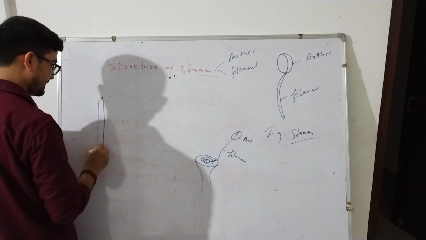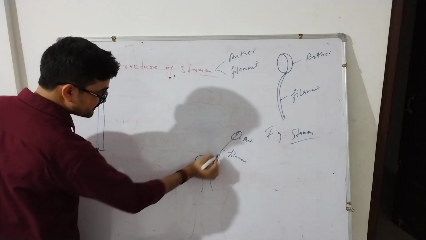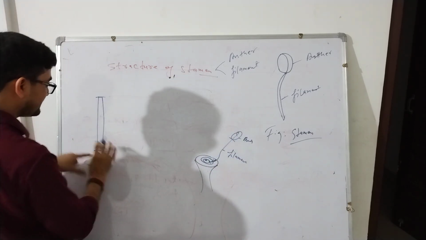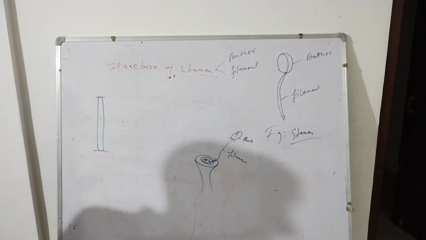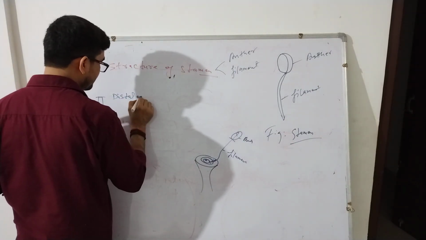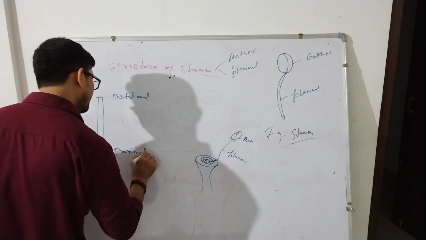Suppose this is a filament, a tube-like cylindrical structure, and we cut a section from here to here. That portion is very important. We can say this is the distal end and this is the proximal end.